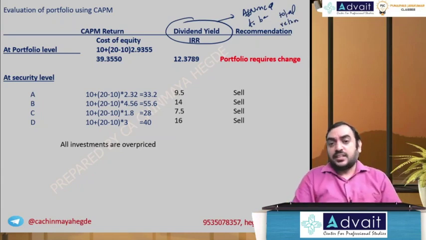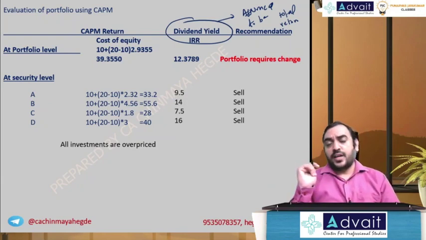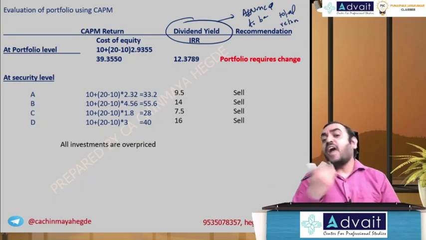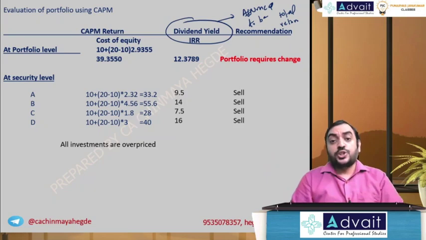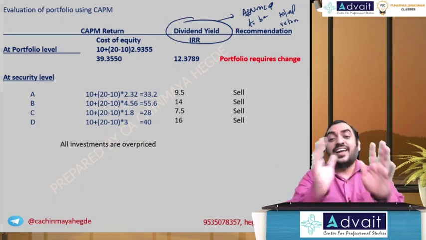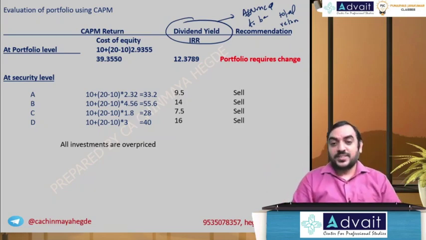Then this answer makes sense. So understand what assumptions you are making from exam point of view. You should make the same assumption when you write the exam. We have only information about the dividend yield. We don't have information about the price movement, P1 minus P0. So we assume dividend yield is entirely the total return.